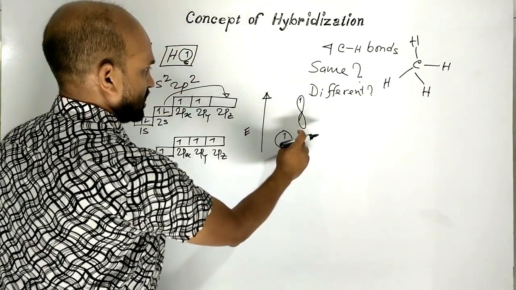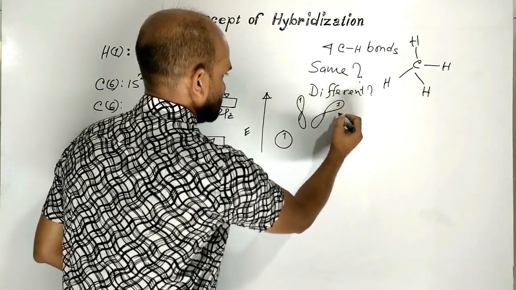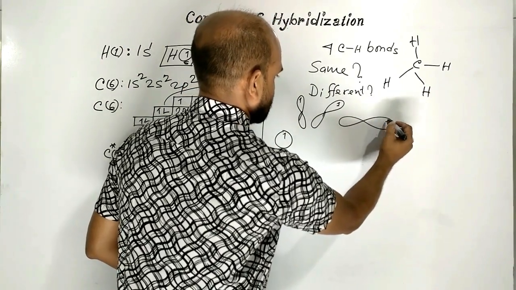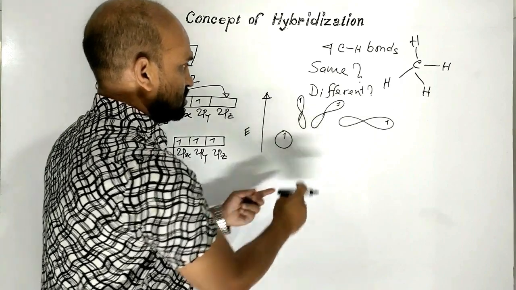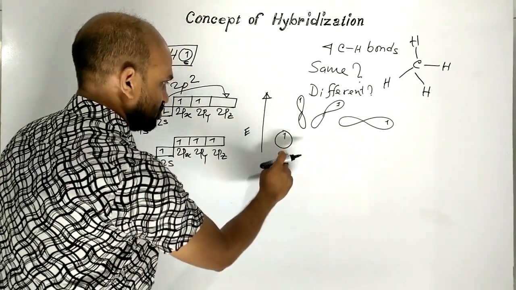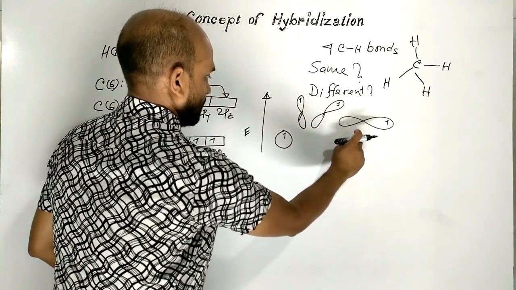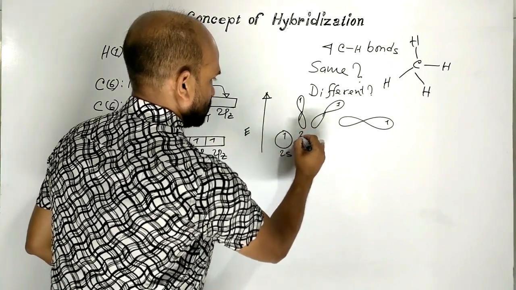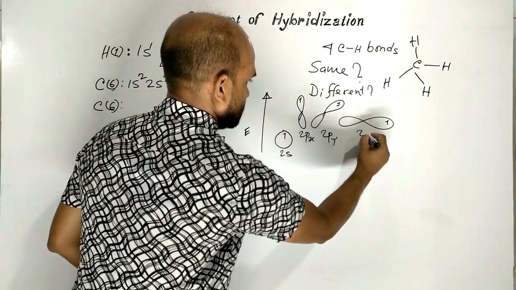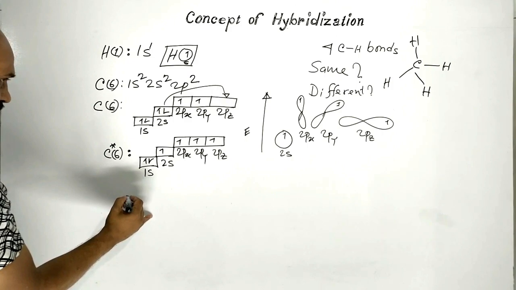This one is along the x-axis, suppose another along the y-axis, and another one along the z-axis. The p orbitals contain one electron each. The s orbital has lower energy, the p orbitals have higher energy: 2s, 2px, 2py, 2pz.